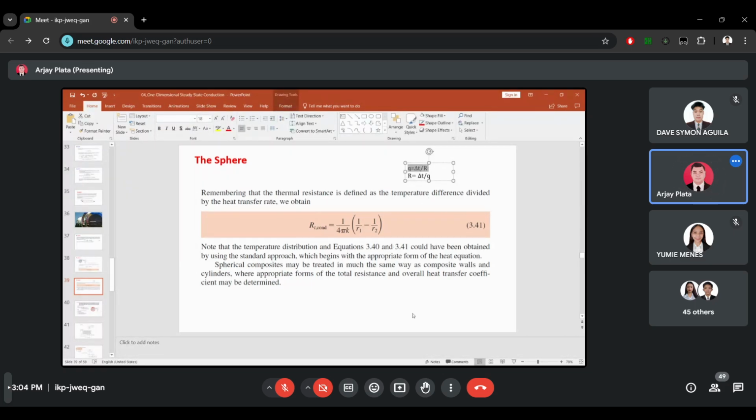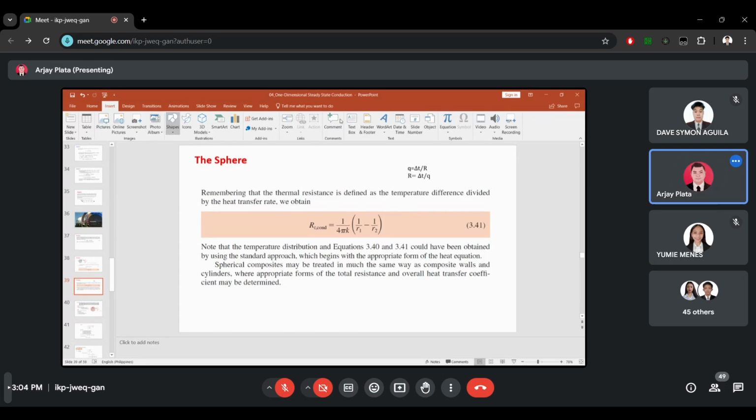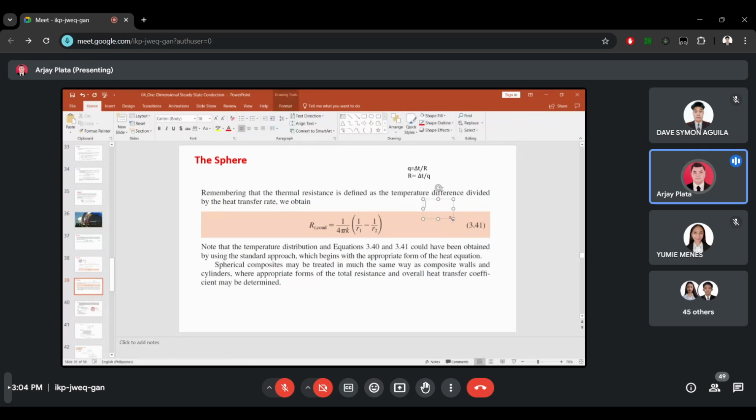So this is for conduction. For convection, we just use the formula for convection, which is 1 over hA. The resistance for convection, R_c, equals 1 over hA, and our area here is A equals 4 pi r squared.